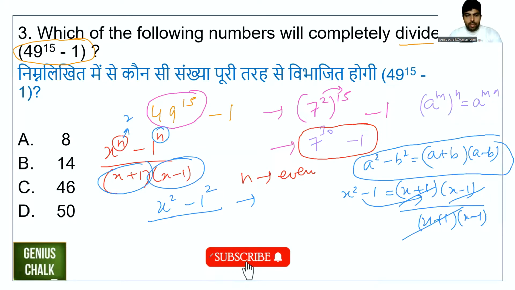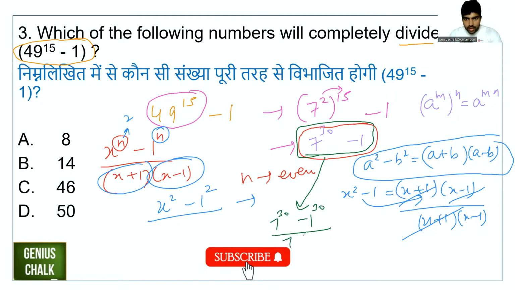The same concept I'll apply now. So you see, here I have this part, 7 to the power 30 minus 1. Now this power is even. Now what we do is, 7 to the power 30, can I write 1 to the power 30? Yes, I can.